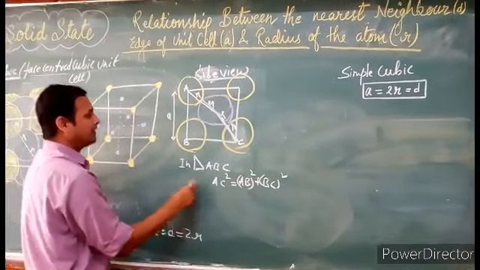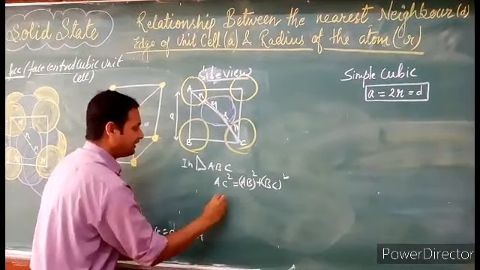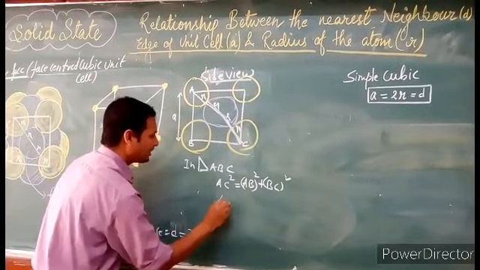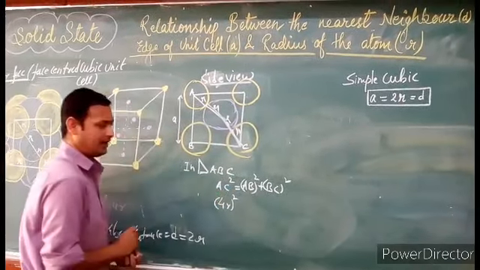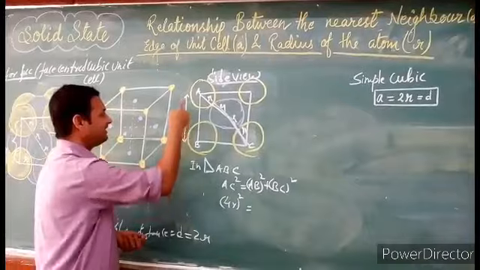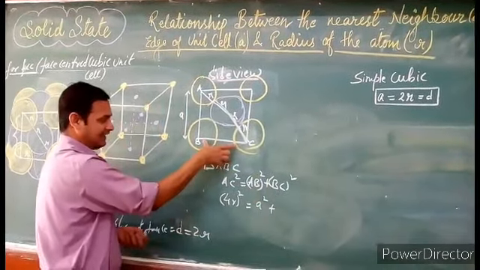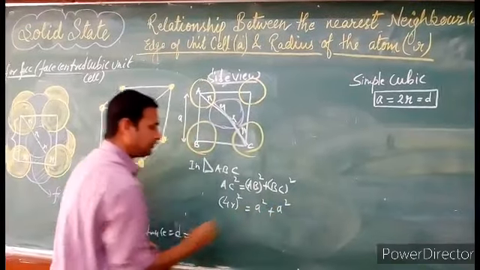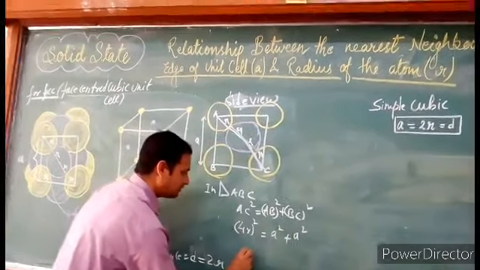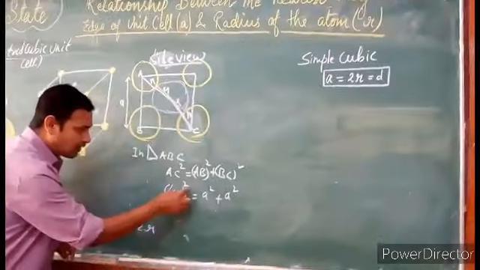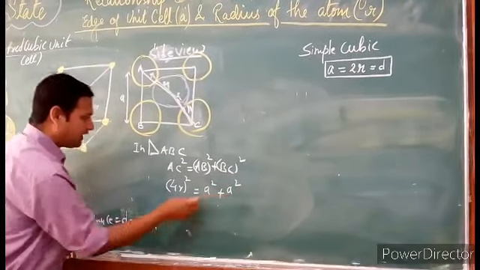AC is 4 times R, so AC square is 16R square. AB is the edge length, A square. BC is the edge length, A square.